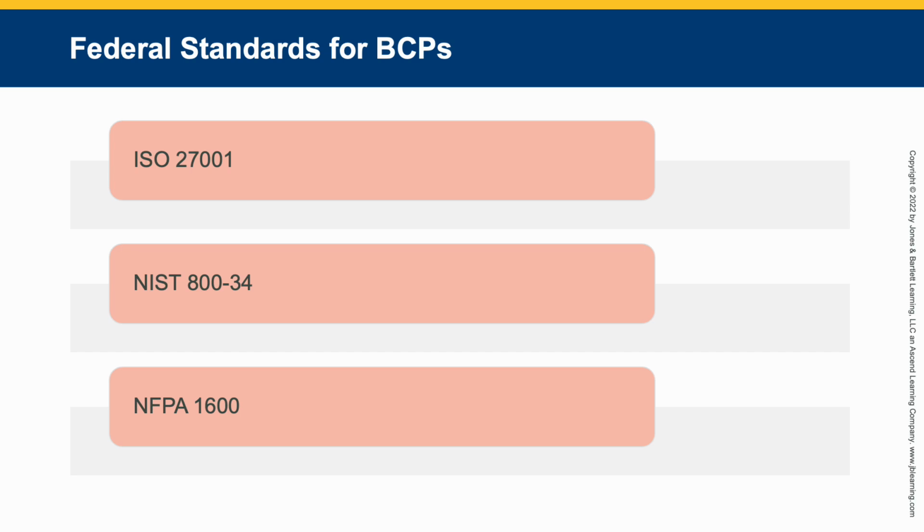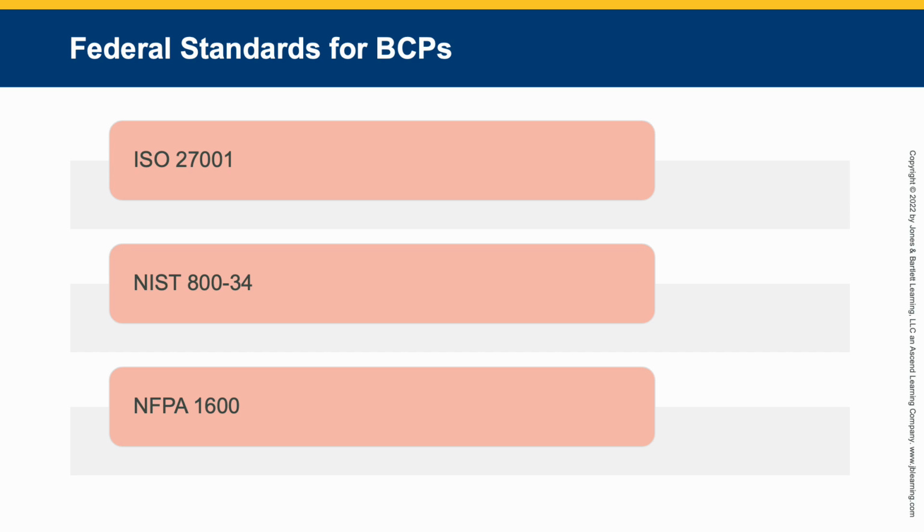By adopting NFPA 1600, Supply and Logistics Company can ensure a holistic approach to preparedness, response, and recovery from disruptive events. The standard provides guidelines for developing a comprehensive program that addresses emergency management, business continuity, and continuity of operations.